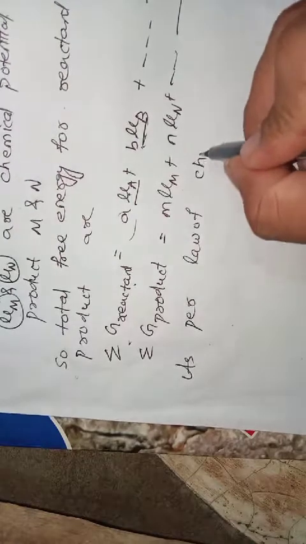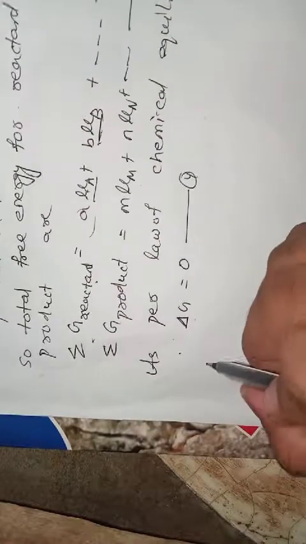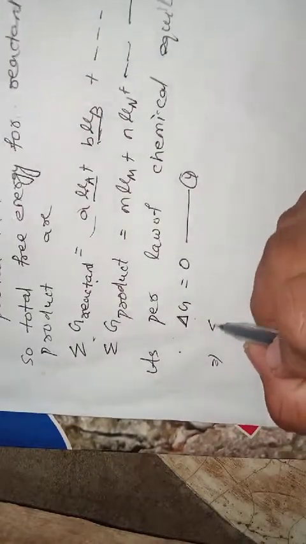Now, as per the law of chemical equilibrium, we know that del G is equal to 0. This implies that summation of G product minus summation of G reactant is equal to 0.